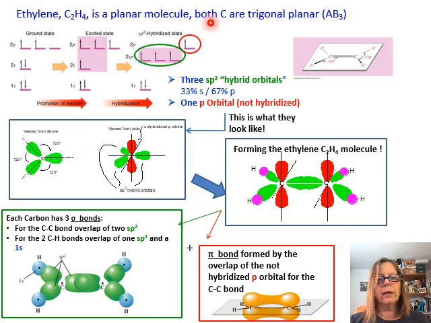We have one non-hybridized p orbital that is perpendicular to the triangle defined by the sp2 hybrid orbitals.